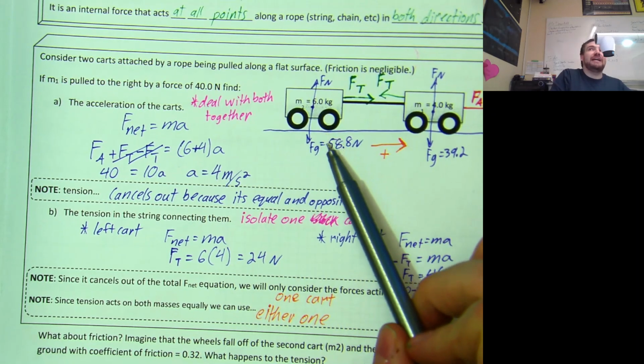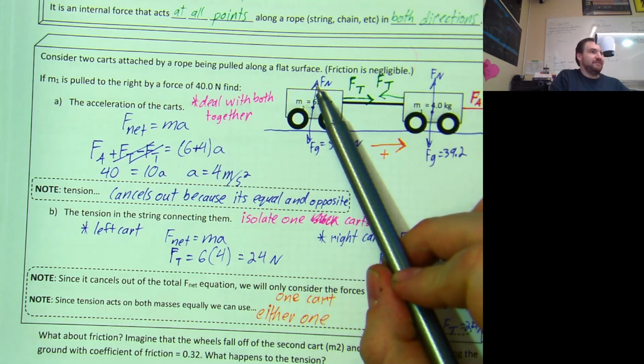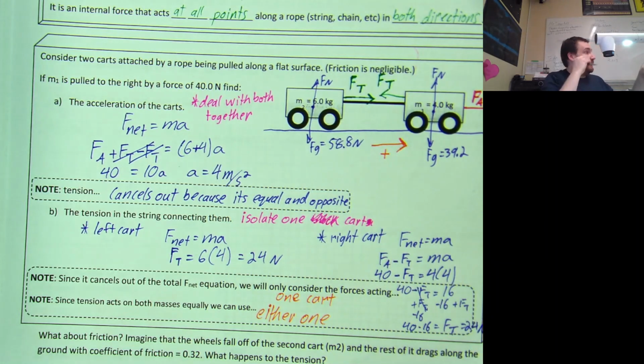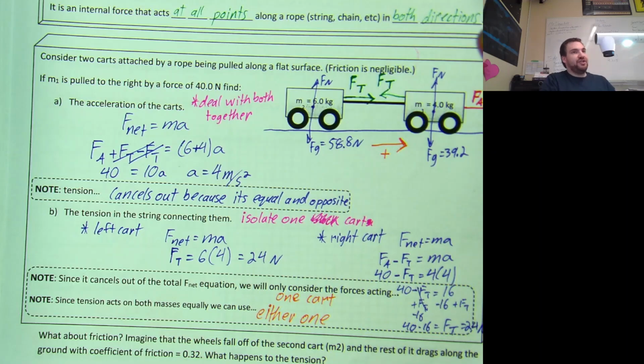We absolutely have to include Fg and Fn, because that's going to give us our value for friction, right? What's the general formula for the force of friction? The coefficient times, Khalil, keep going. The coefficient times the normal force. So we need the normal force, which means we need Fg.